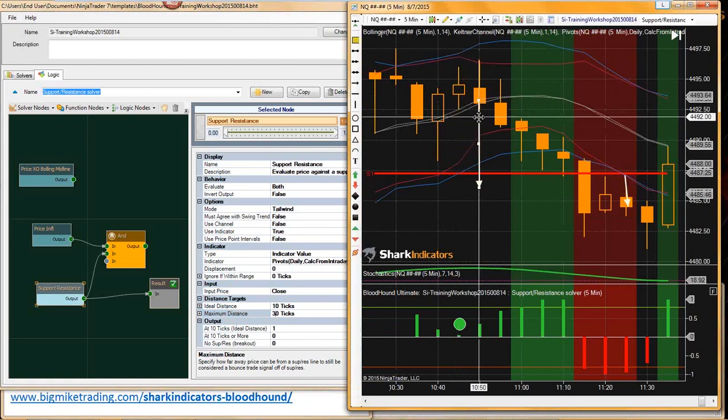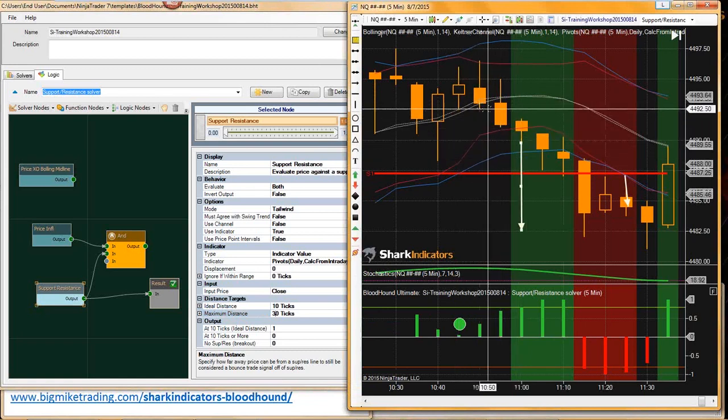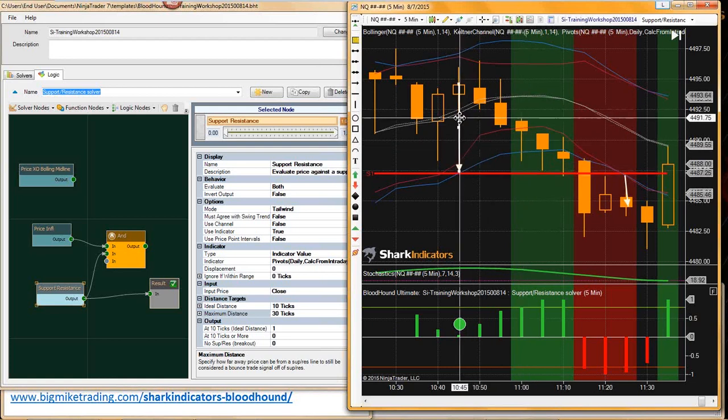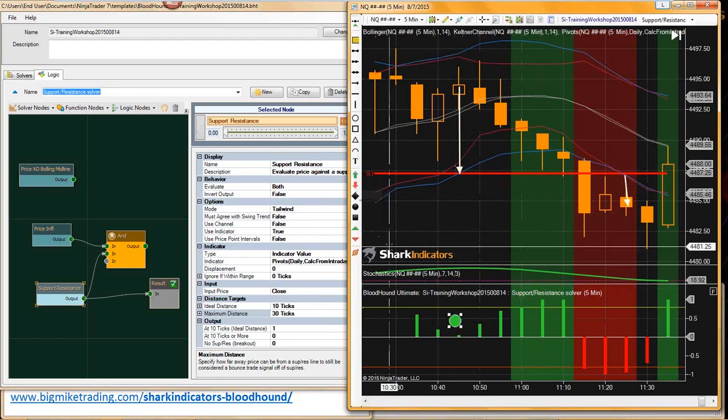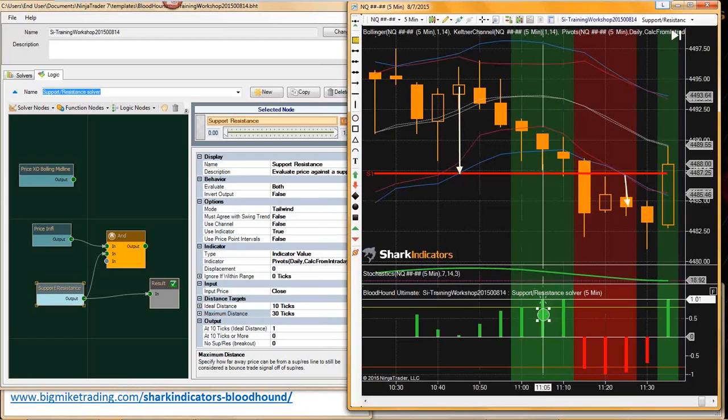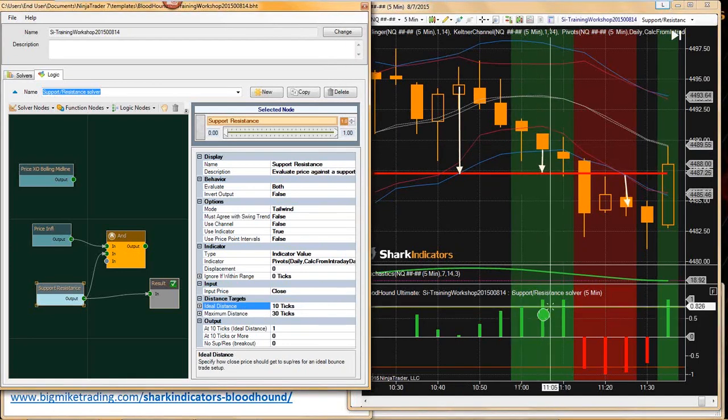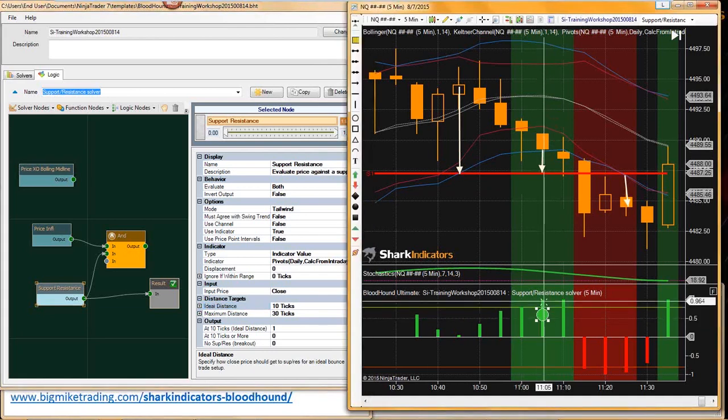And then as price is moving down and gets closer and closer to our support line, we can see that the solver's output is increasing. Eventually on this bar right here, we finally get within our 10 tick ideal distance, and we can see BloodHound's output is 1, so we get 100% output.